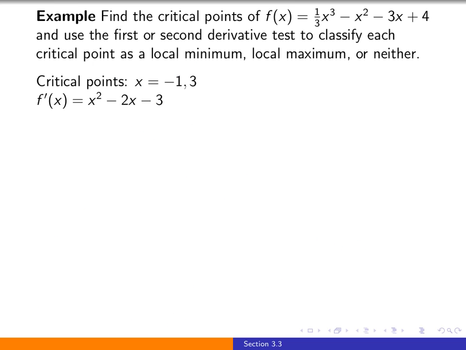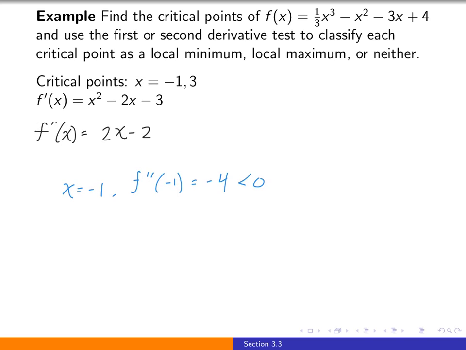So we have all of the information from the previous slide. If I want to apply the second derivative test, I need the second derivative. So f double prime of x is equal to 2x minus 2. And I need to check each of my critical points individually. So if I'm at the critical point x equals minus 1, we have f double prime of minus 1 is equal to minus 4, which is less than 0.